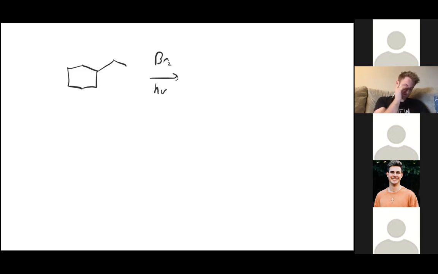They are highly selective for tertiary positions. Someone asked if stereochemistry is lost in radical reactions. Yes, there's no stereochemistry. You form a radical, you're going to completely lose your stereochem.